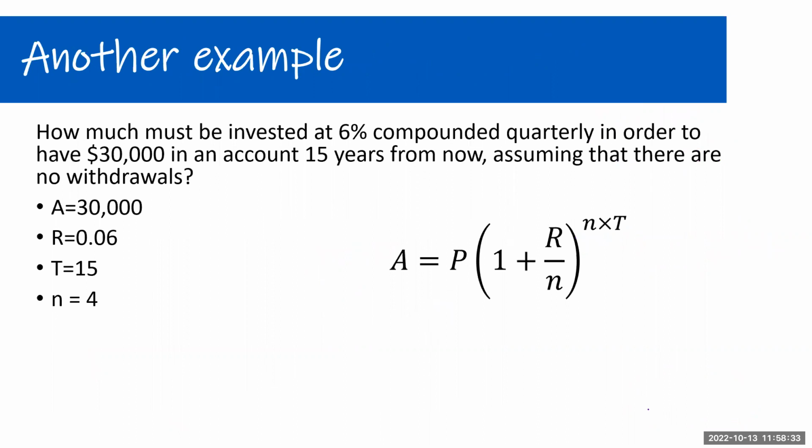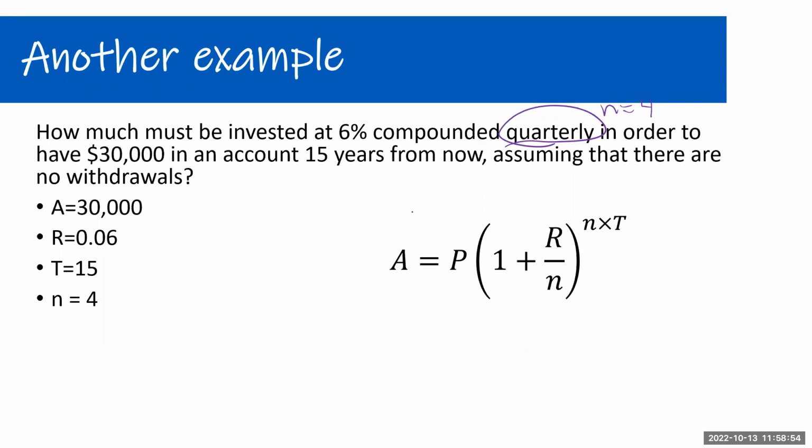Okay, let's look at another example. How much do we have to invest at 6% compounding quarterly? So remember that's going to be N is 4, in order to have $30,000 in an account 15 years from now, assuming that there are no withdrawals. So you're not taking any money out.